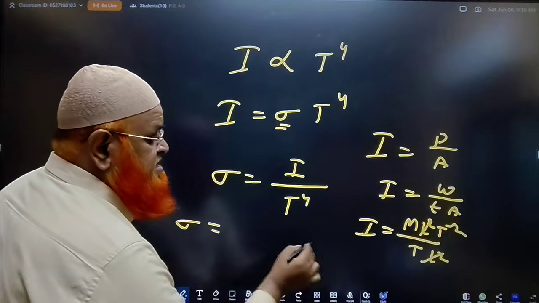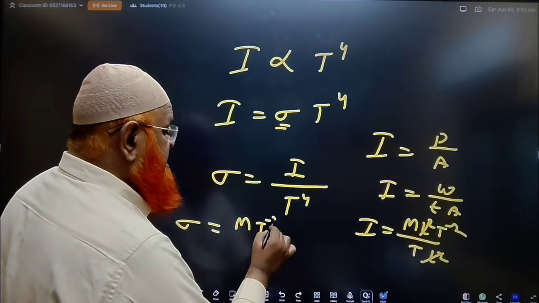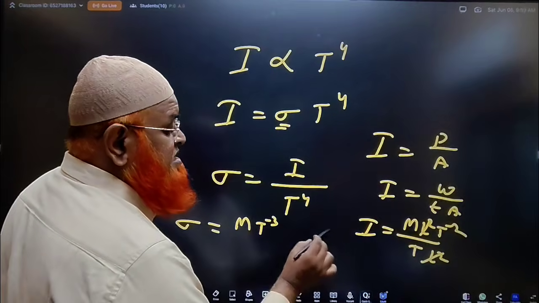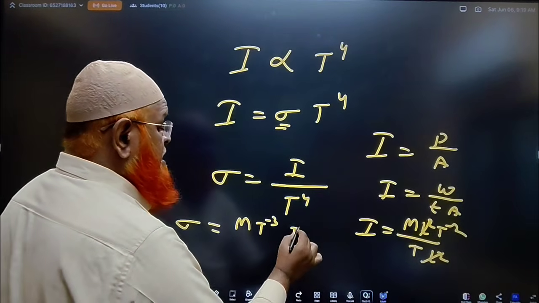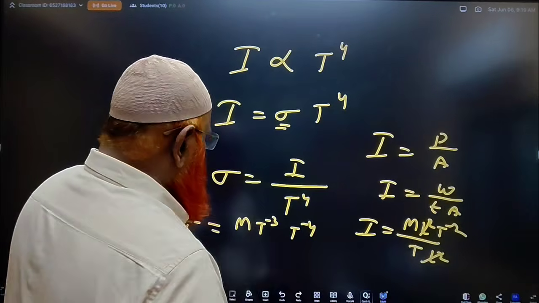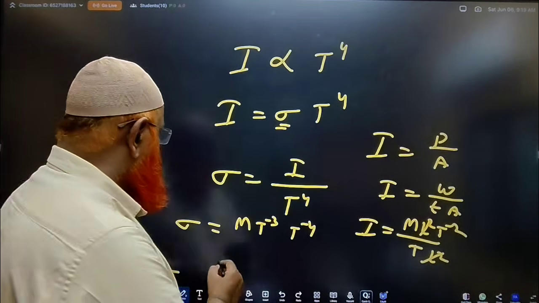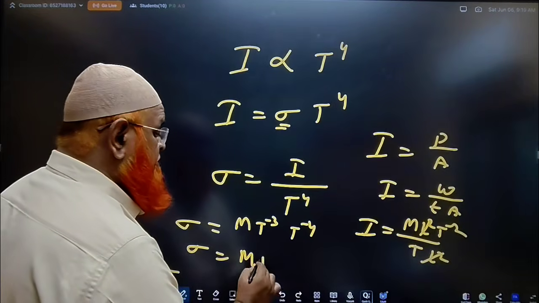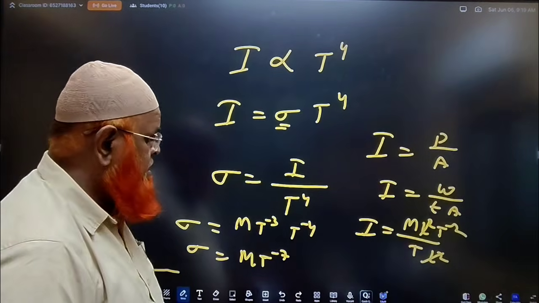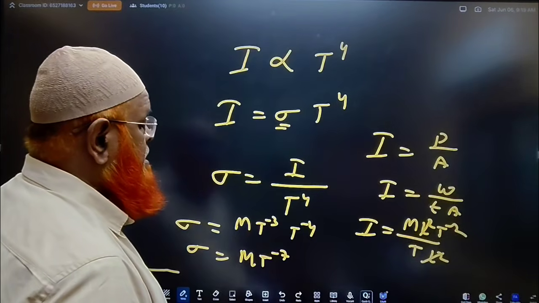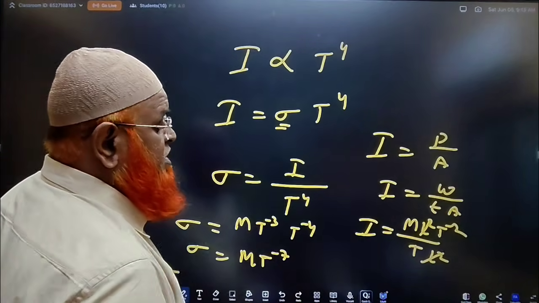So the dimensional formula for intensity is M T⁻³. That's it. That is the dimensional formula for intensity. Is it okay? What is the dimensional formula for intensity?